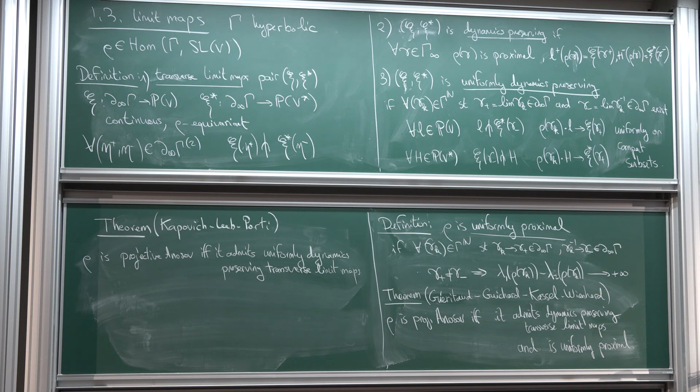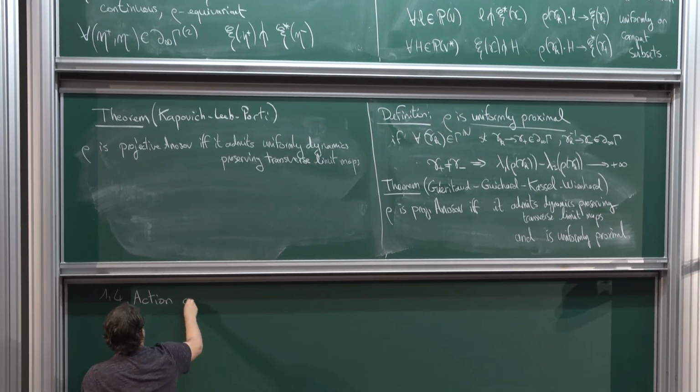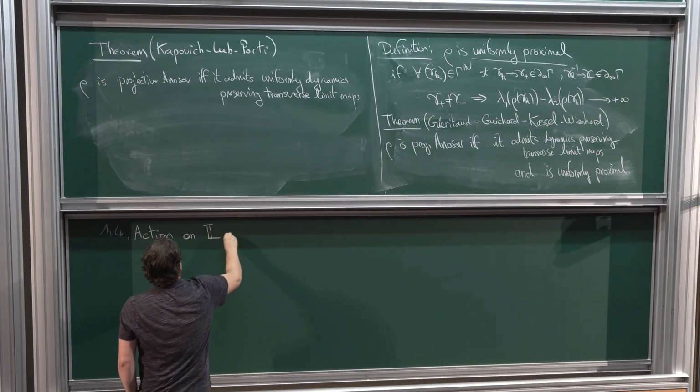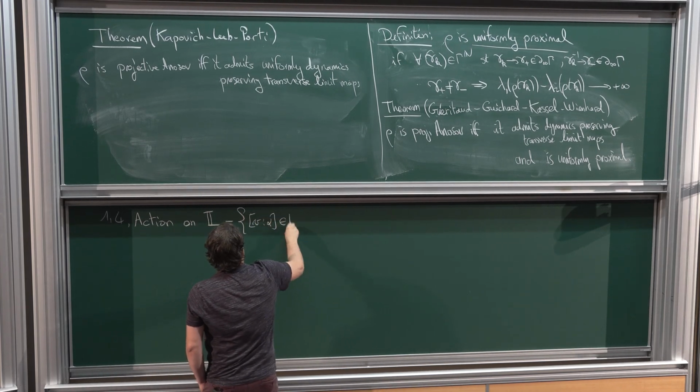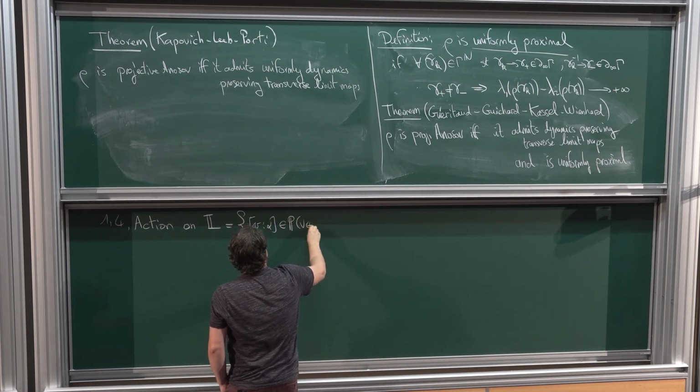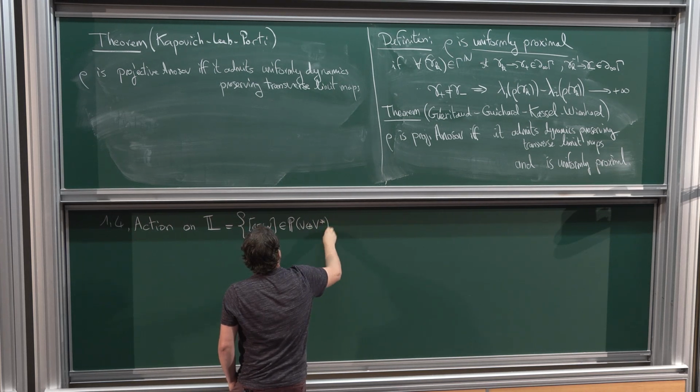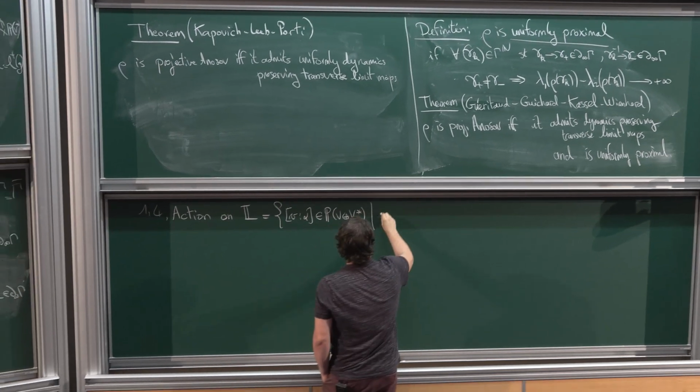Okay, so now that we have at least some characterizations of Anosov representations, we can go to what we're trying to do, which is the action on this space L in the projective space of V plus V dual, where the pairing is positive.